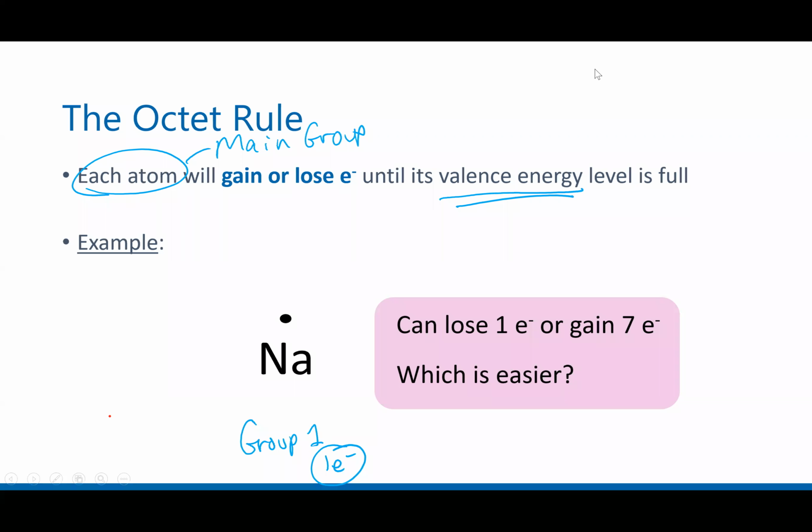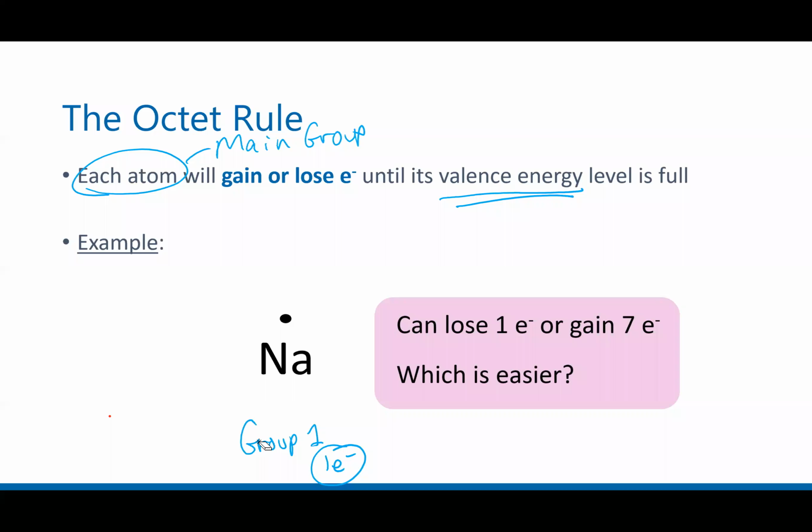Lose, lose, lose. Everybody's saying lose. All right. You are all correct. You can think about money or anything you're trying to give away or find. It's a lot easier to give away 1 thing than to pick up 7.